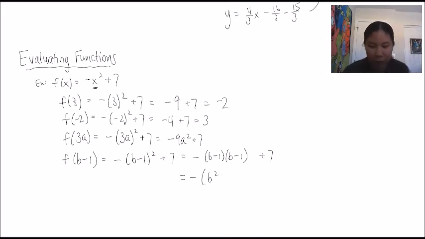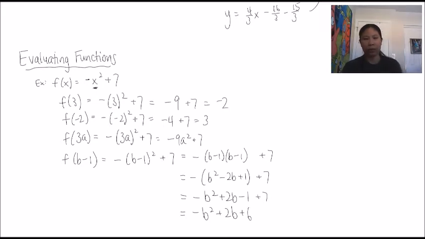FOILing out b minus 1 twice gives me b squared minus 2b plus 1, and then multiply that by the negative in front to get negative b squared plus 2b minus 1 plus 7. Finally we can combine like terms to get negative b squared plus 2b plus 6. Okay, so that's evaluating functions.